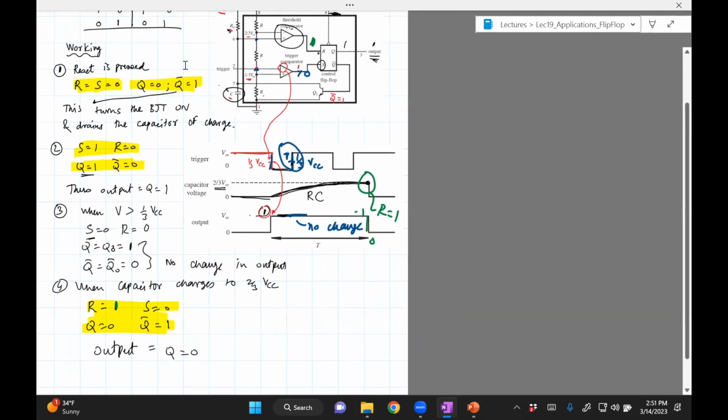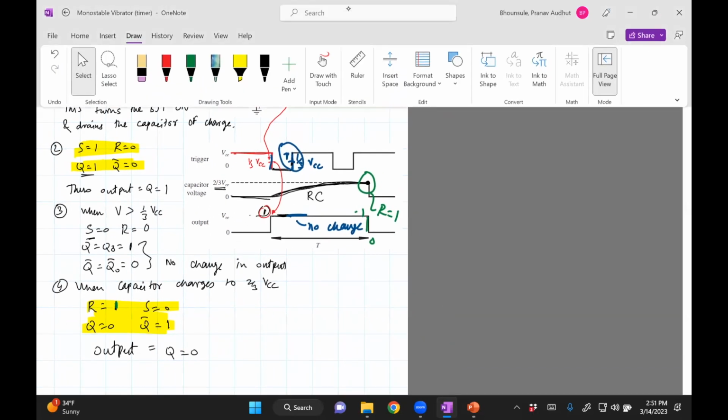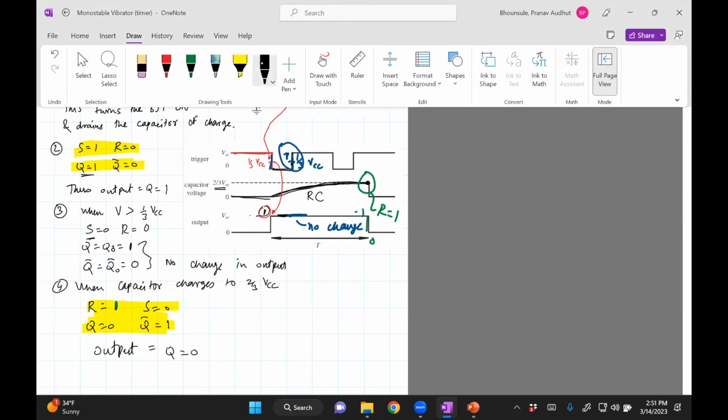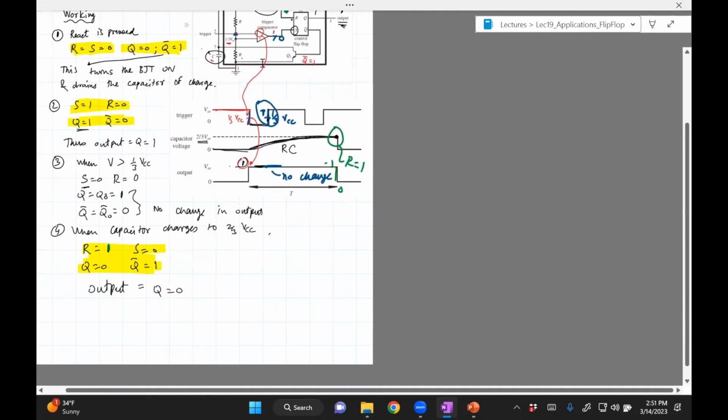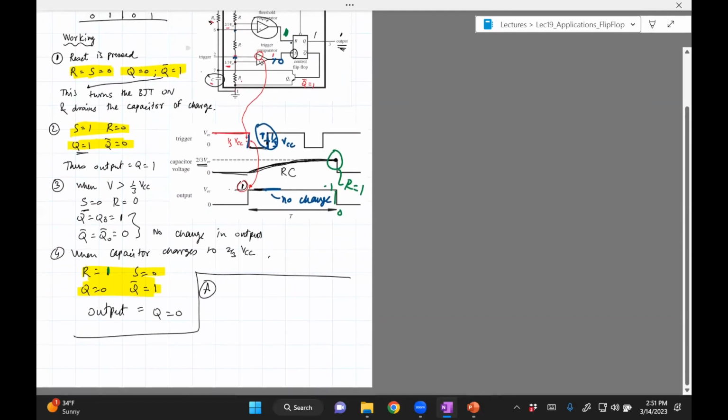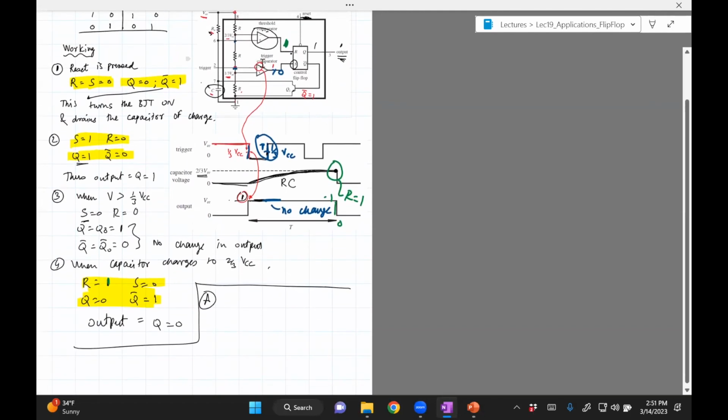It's sometimes very difficult to wrap your head around it. But the key thing to remember, just to summarize, is that number one, the output is high due to this step.